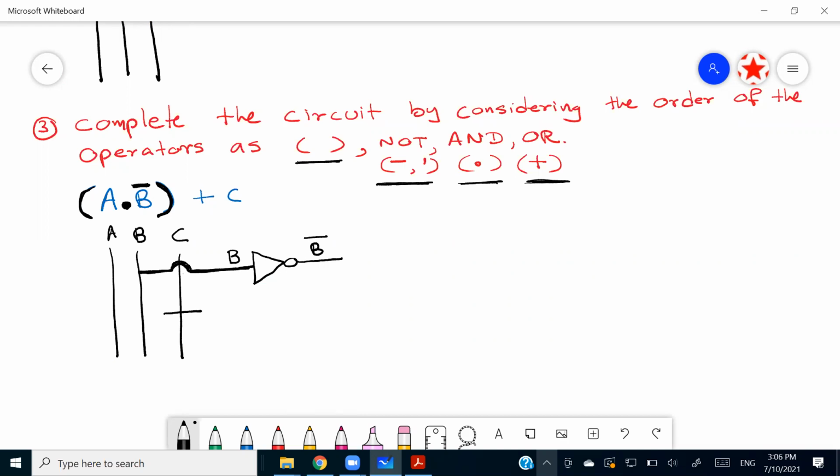The not operator is on B and the dot operator is in between A and B. Because the dot operator applies to 2 operands, right? But not can be applied to one particular thing. So when there is an and operator and a not operator, we consider the not operator first.